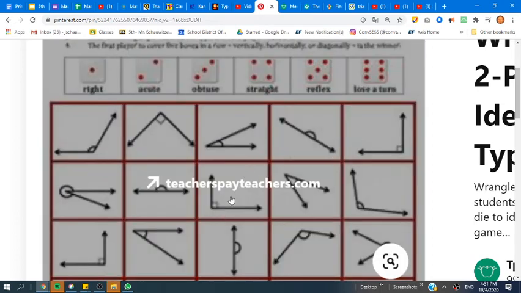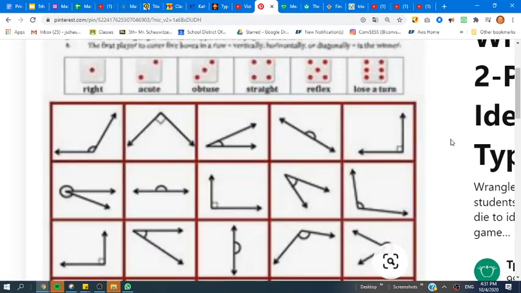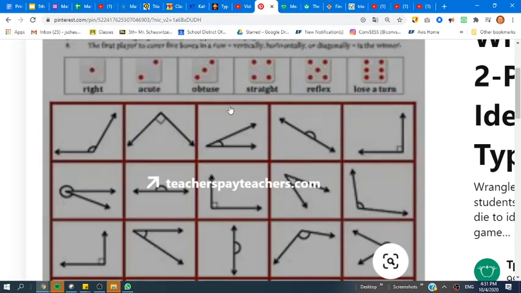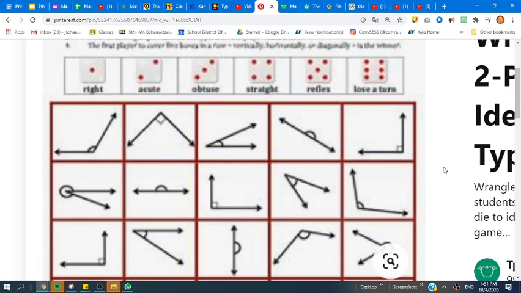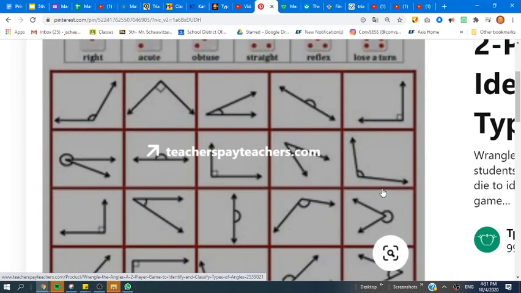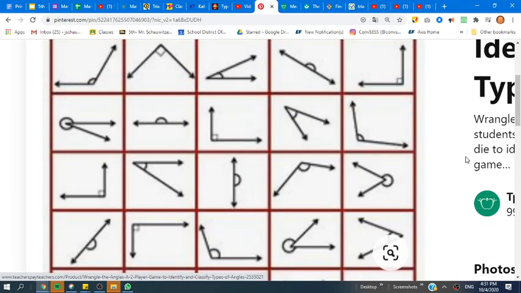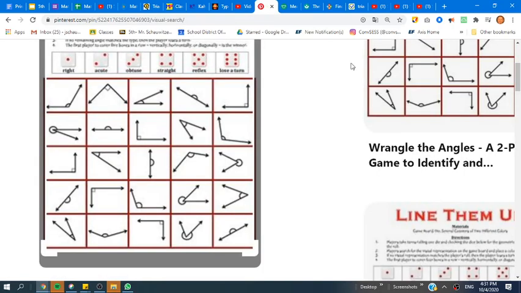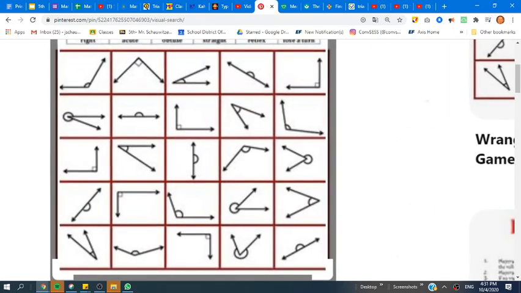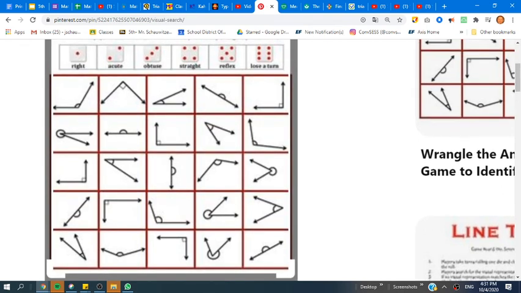For example, this one right here. Someone else rolls the dice and maybe they get a 3, which is an obtuse angle. So you have to find an obtuse angle. It's kind of like bingo. So you can go ahead and screenshot this page right now and you can play bingo at your home. It's kind of a cool extra exercise that you guys can play if you want to. So go ahead and screenshot this page right now if you like.